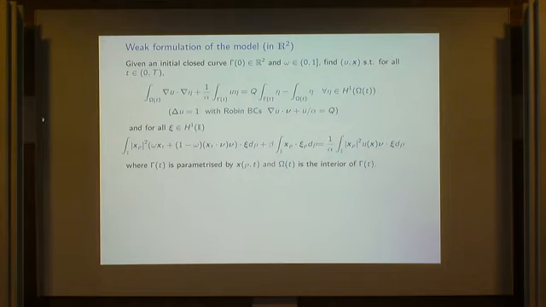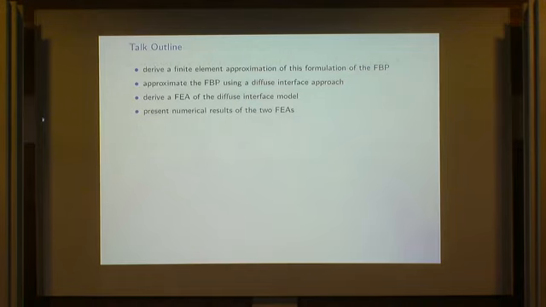Roughly speaking, all you do is add h's to all of the terms and turn them into finite element solutions. So that's exactly what we're going to see now. First of all, I'll derive a finite element approximation of the free boundary problem on the previous slide.